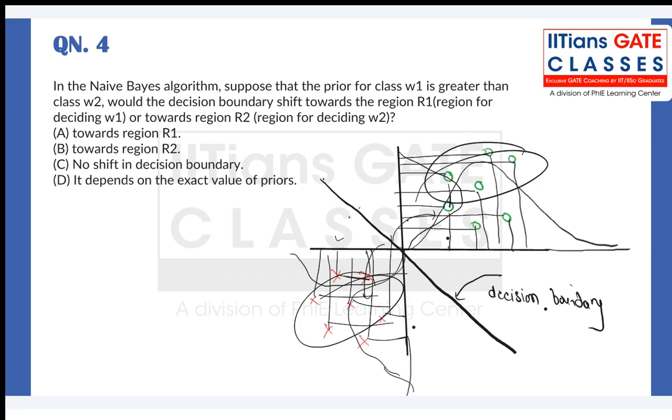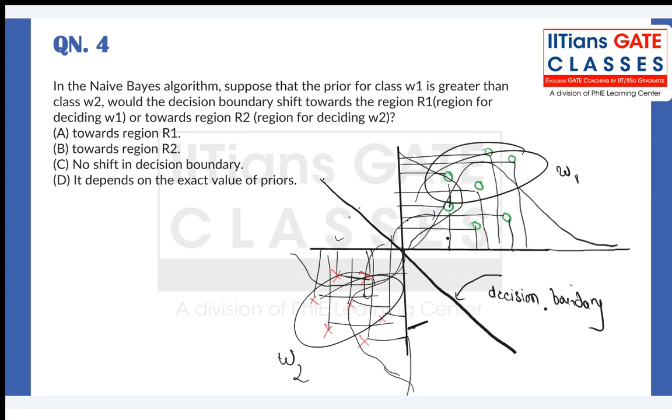Now it is saying that, let's say this is W1 class, and it has a greater prior than class W2 present here, which means there are more number of points that are going towards W1 than W2. W2 will have lesser number of points.